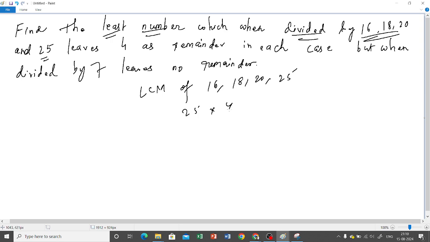So 5 is already there. Include a 4. 18. 18 is 2 into 9. So 2 is already there because 4 is there. 9 is not there, so include 9. 16 is 2 to the power 4. That means 4 2s, out of which 2 2s are already there. I need two 2s more. So 25 into 4 is 100. 2 2s are 4. 4 9s are 36. 3600.